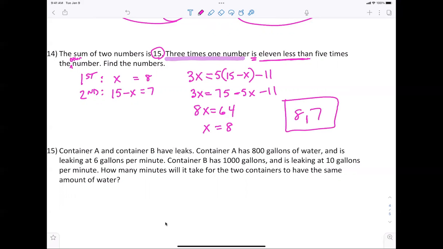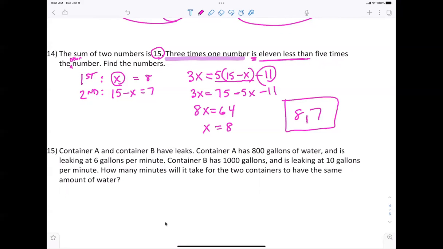Anybody have any issues? I'm still kind of confused on how you're ordering this. I'm confused with this equation still. 3 times one number, Oliver. Okay, 3 times x equals 11 less than, minus 5 times the other number.